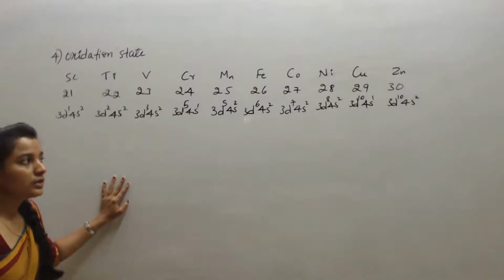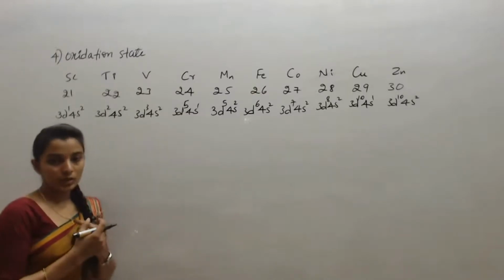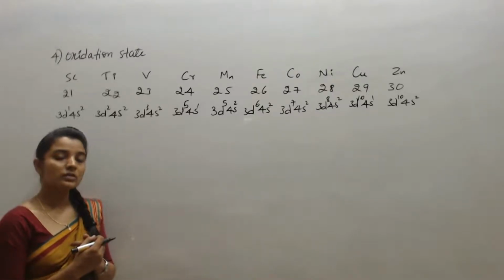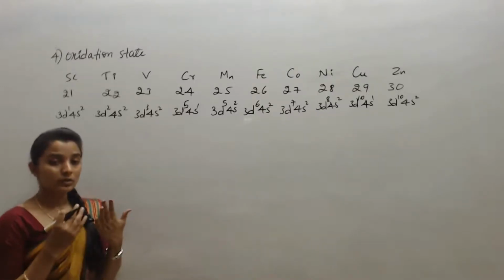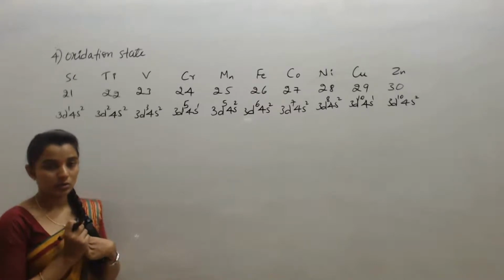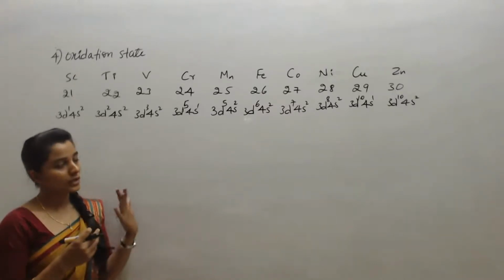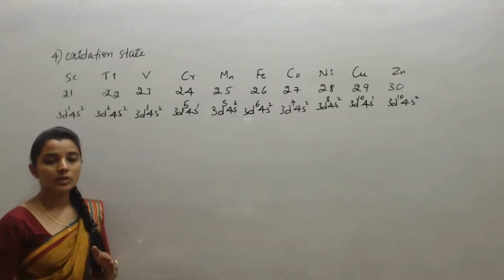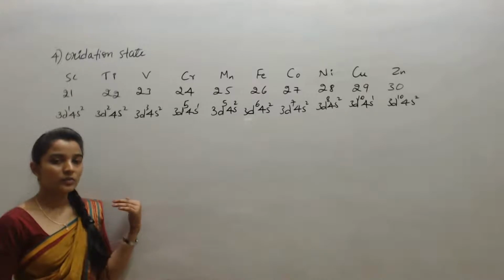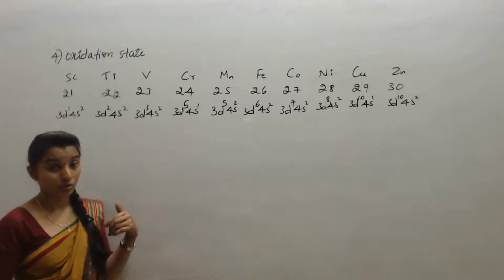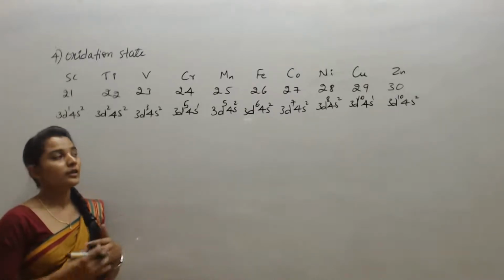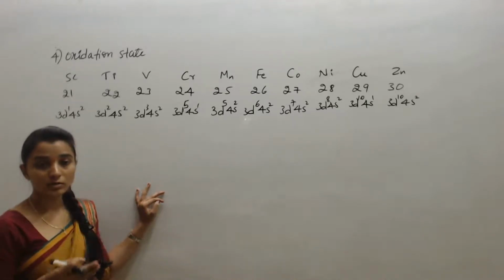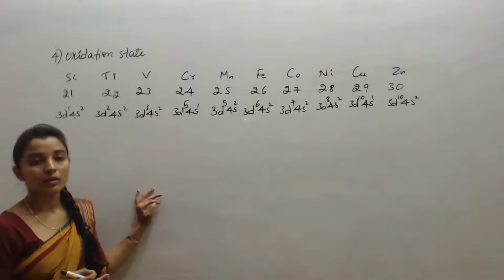Okay. So listen, oxidation state, there are two types: one is positive oxidation state, another one is negative oxidation state. If electrons are removed from the atom, then the atom will show positive oxidation state, and those are called cations. And if electrons are added to the atoms, then we see the negative oxidation state, and those are called anions.